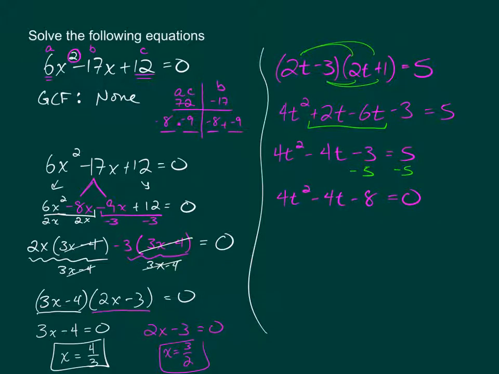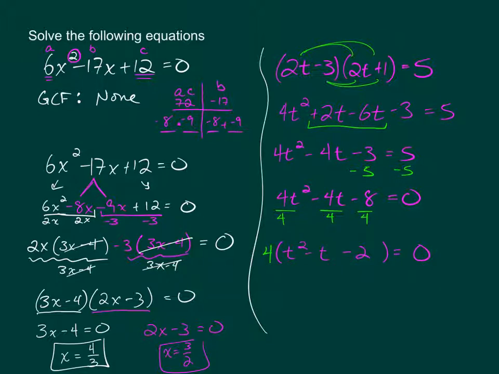This particular quadratic equation does have a common factor, and that common factor is 4. Again, the common factor will share the same sign with the first term as long as everything is in descending order. So that common factor will come out to the front, and everything that's left over will be what you get when you divide everything by 4. So t squared minus t minus 2.